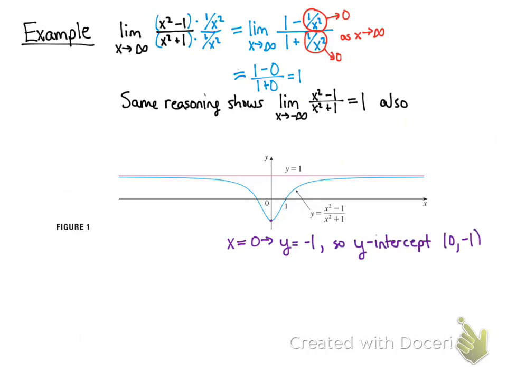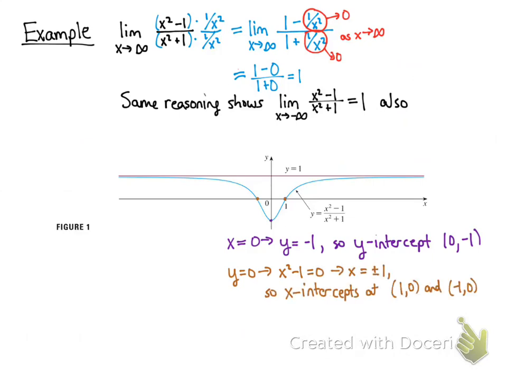So when x equals 0, we get y equals negative 1, and so we have a y-intercept of negative 1. If I solve for y equals 0, that would be the numerator being 0, so I get x equals plus or minus 1. So there's two x-intercepts. When y equals 0, we get x equals plus or minus 1. So that lets you draw a little bit more of what the graph looks like, not at the far right and not at the far left.